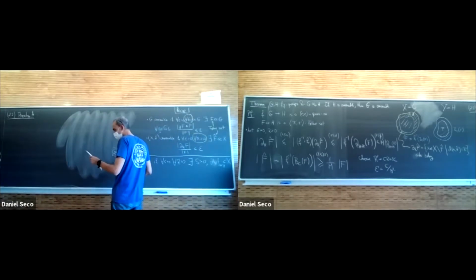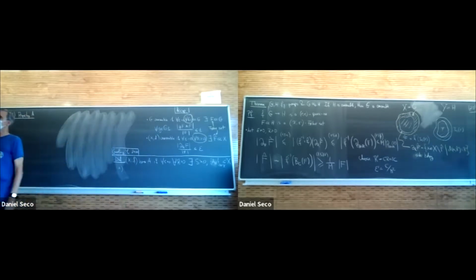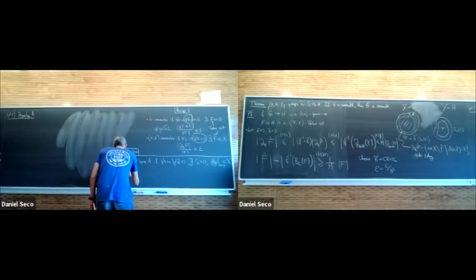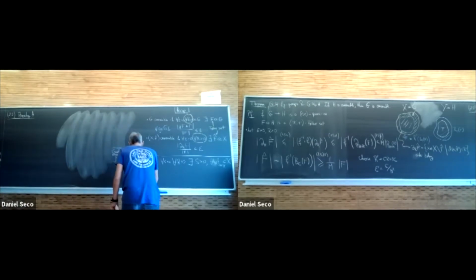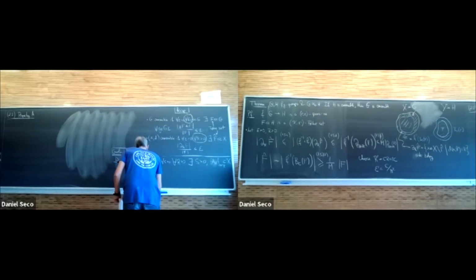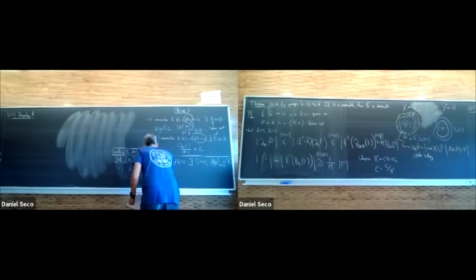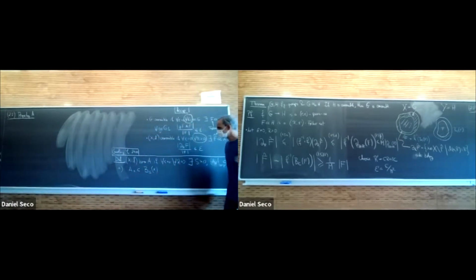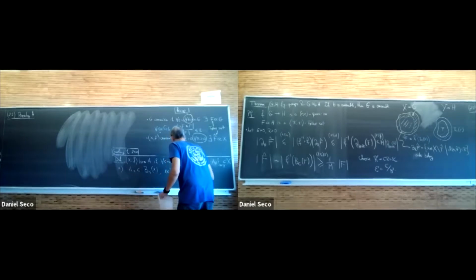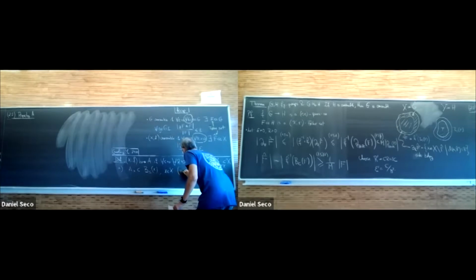The first one is a localization condition. These guys here, A_x, are contained in a ball of radius S around x, for any x. This I call uniform localization.